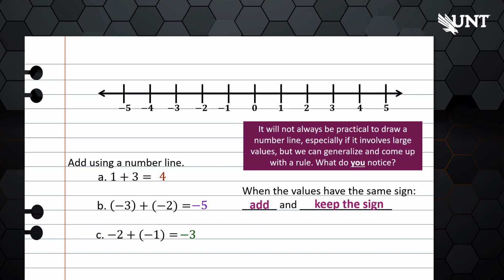We add the values. 3 plus 2 is 5, but because they were both negative, we kept the negative sign in our answer, which is why we arrived at the value of negative 5. For C, negative 2 plus negative 1, again, we added 2 plus 1 to give us 3, but because both values were negative, our answer was also negative 3.